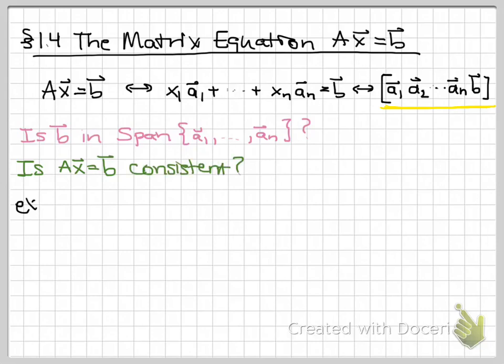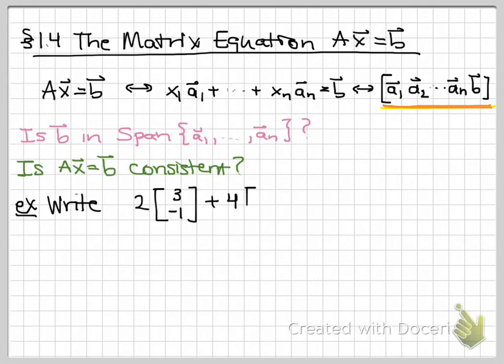And that's similar to asking, is AX equal to B consistent? And again, that's similar to looking at this augmented matrix here. So when we have these questions, we're going to couch it in terms of thinking about the augmented matrix.